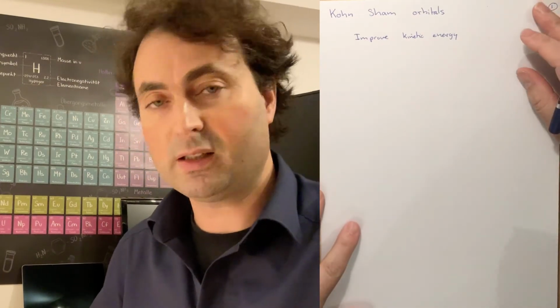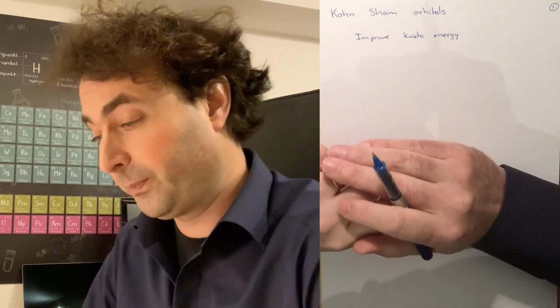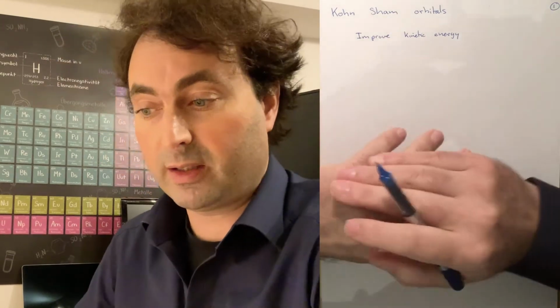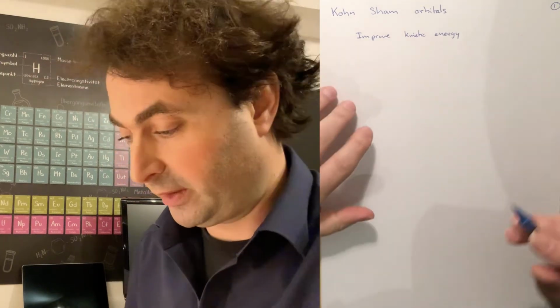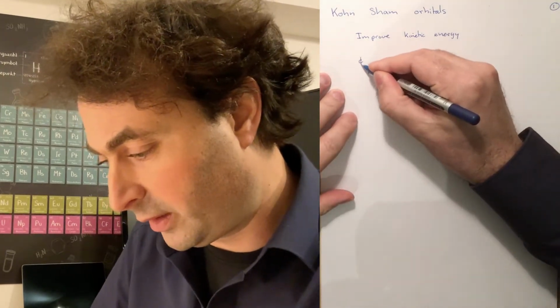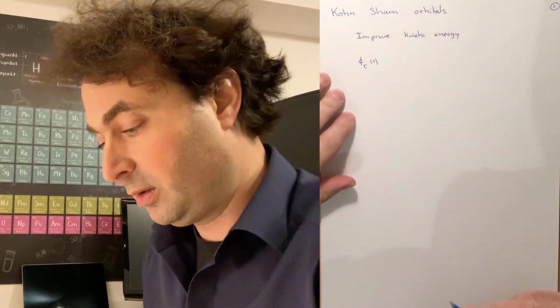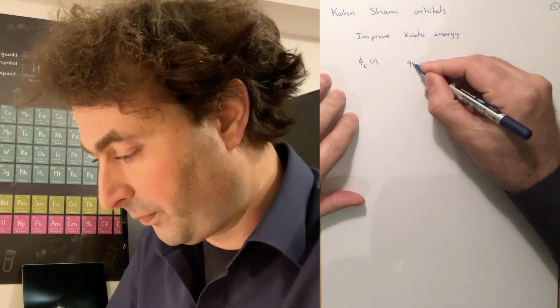But the kinetic energy is pretty hard to calculate just from the density alone, because we do not have good representations of how the density relates to the kinetic energy of a system. We have no wavelengths anymore. So what we can do is define a set of one-particle wave functions, psi_τ(r), that represent quasi-particles.